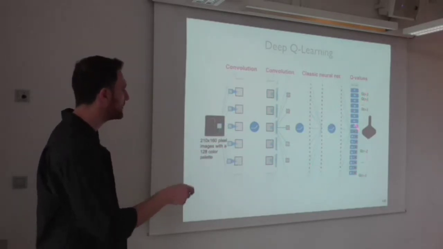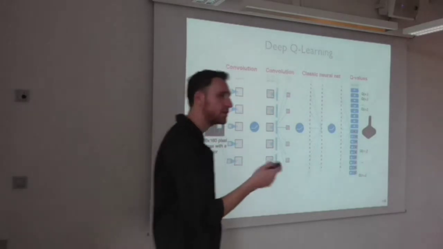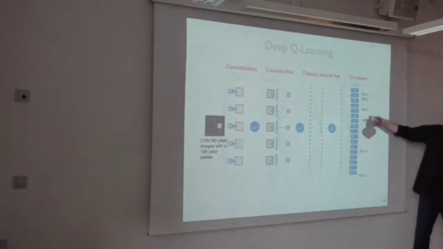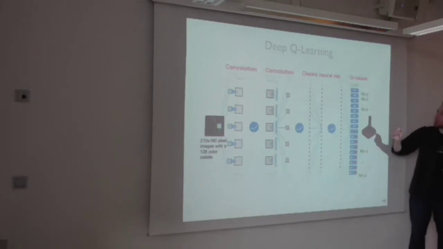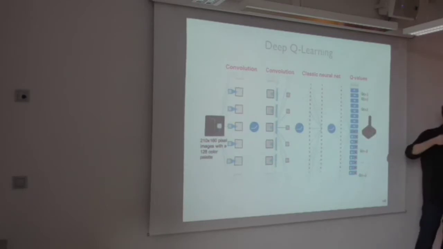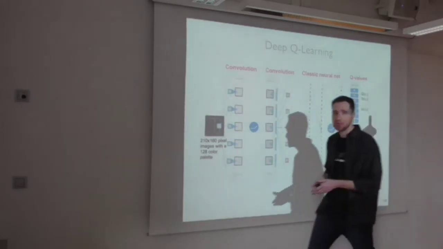And the outputs of this huge neural net are all possible actions that you could play in an Atari game. You could move the joystick up or right, and all combinations of that plus pressing the button, or just pressing the button without moving the joystick. I think there are 18, if I recall correctly. So there are a lot of outputs.